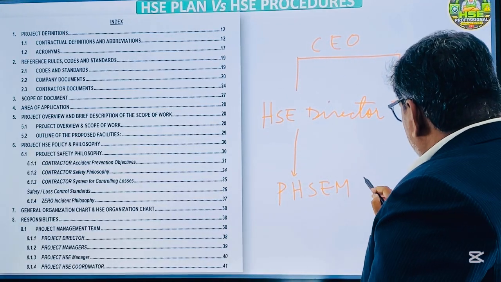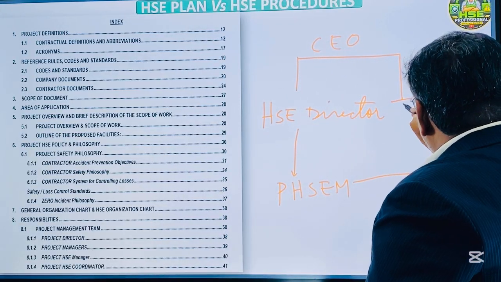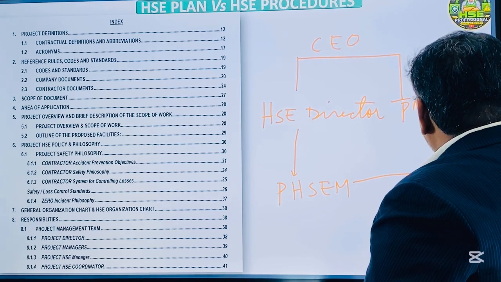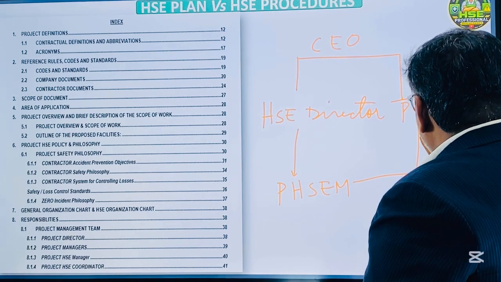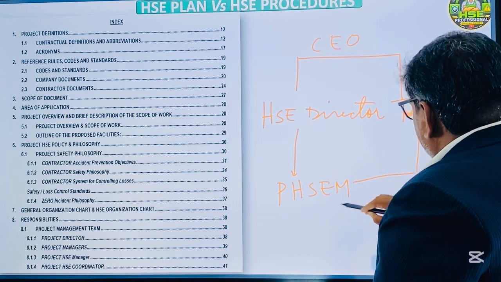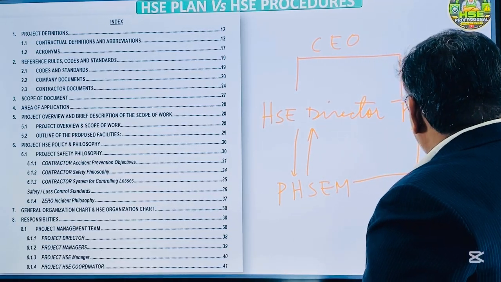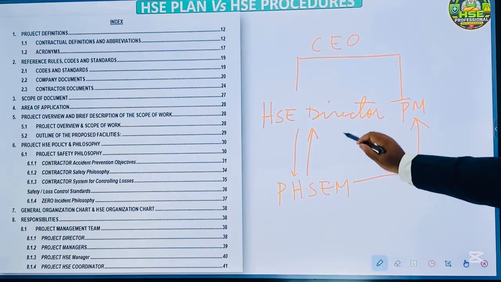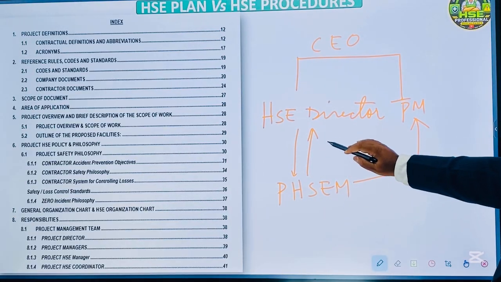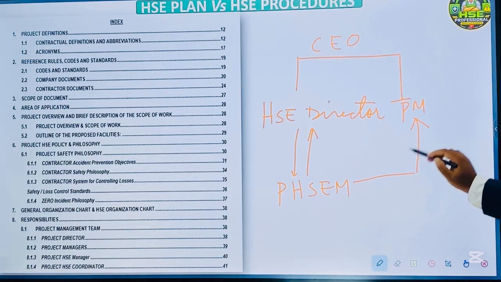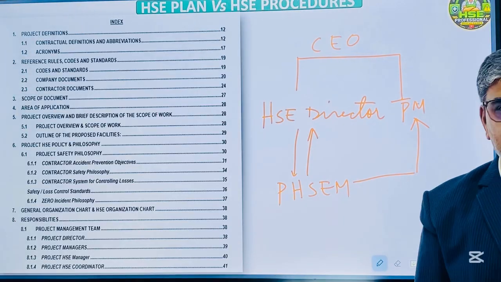Then project HSE manager also has to report indirectly to PM, and he has to report to HSE director. Okay, he has to report to HSE director, and he also has to report to PM, project management.